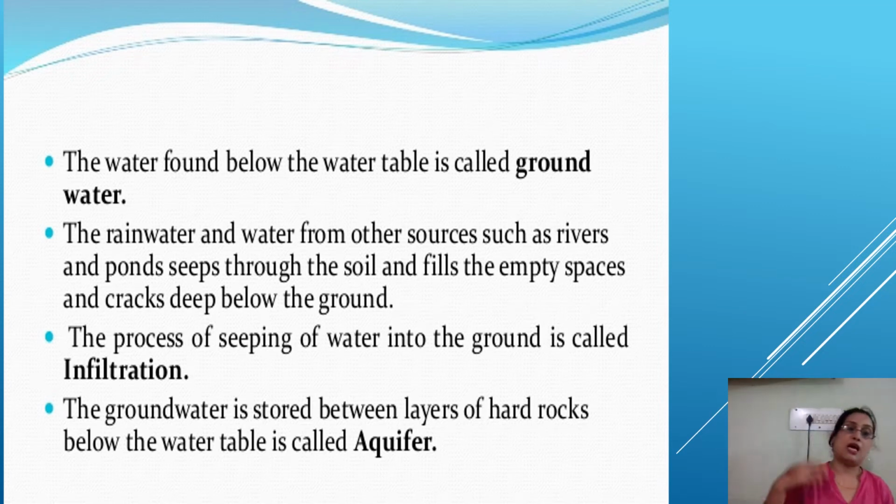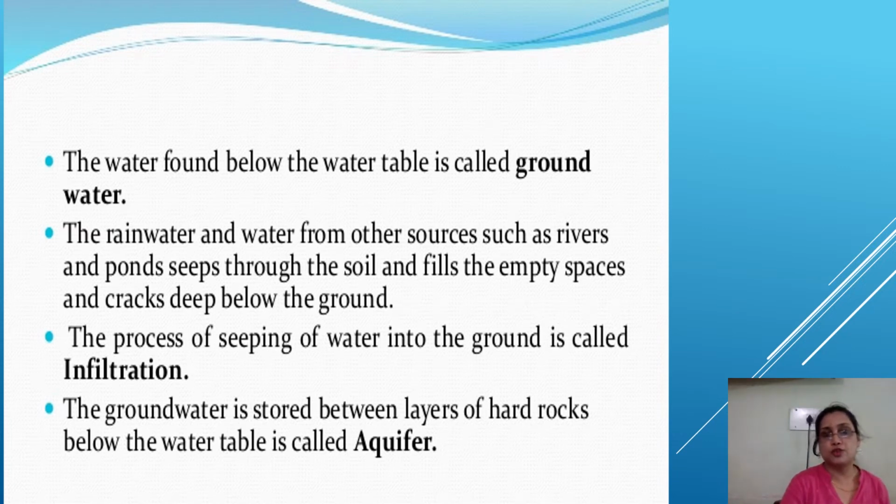But after so many rainfalls, the seepage of water stops, and when it stops, it means the ground below is saturated. It cannot contain more water, so the excess cannot be retained by the ground and it floats on the surface.